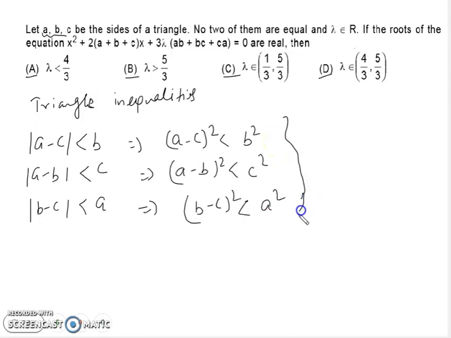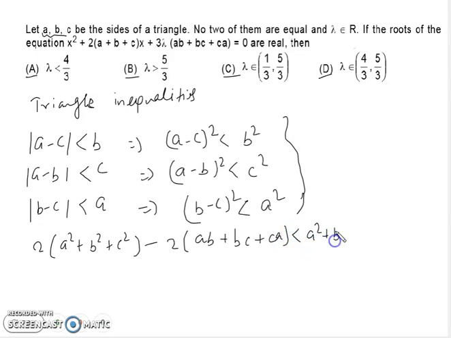Adding all these terms and opening the brackets, we get 2(a² + b² + c²) − 2(ab + bc + ca) is less than a² + b² + c².